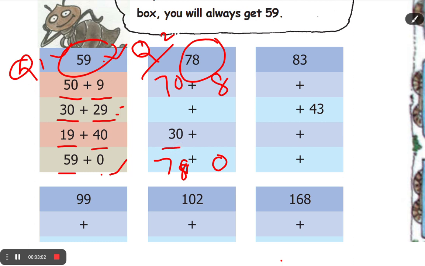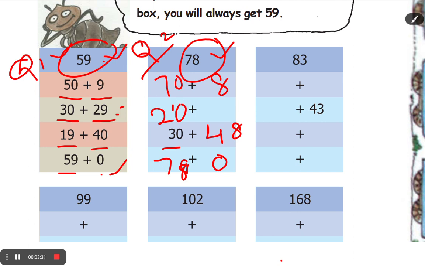And one is, he has given 30. So for 30, which number do you have to add to get 78? Think of it. 30 you can count in tens also. 30, after that 40, 50, 60, 70. Means 48. 30 plus 48 is 78. Likewise, you take any number you like here. Suppose I take 20.